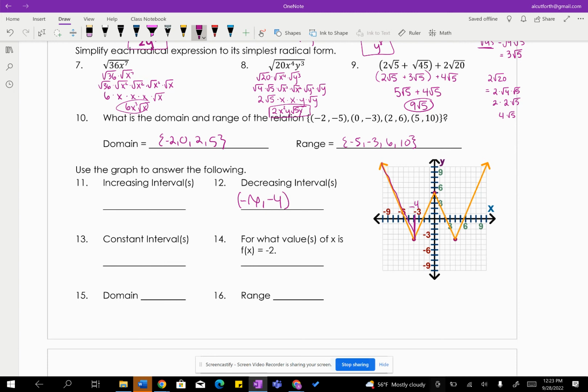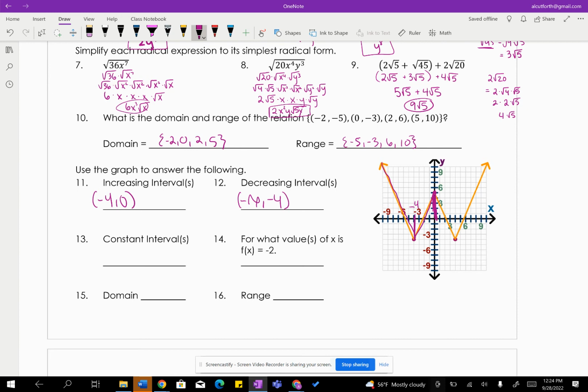Then it starts going up again, up from the X value of negative 4 all the way to this point at the top. And it stops increasing right there, and that X value is 0. So it's going to be increasing from negative 4 to 0. Those all have to be open brackets because it's changing from increasing to decreasing.